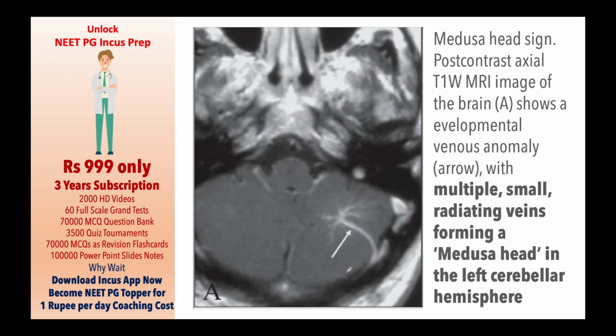Now, the next favorite radiological sign you should not forget in the NEET PG, FMGE, INICET exam is Medusa head sign. So this is a T1 weighted MRI which is showing this developmental anomaly. Multiple radiating veins look like the Medusa head in the left cerebellar hemisphere.